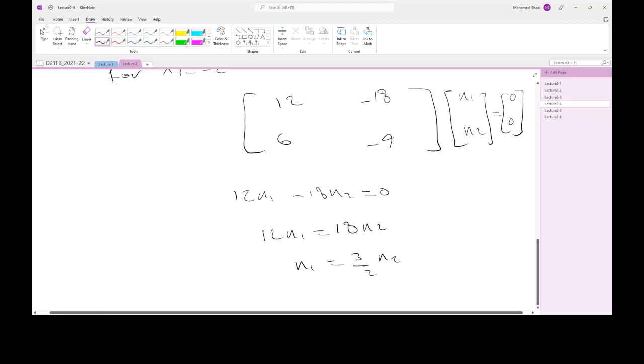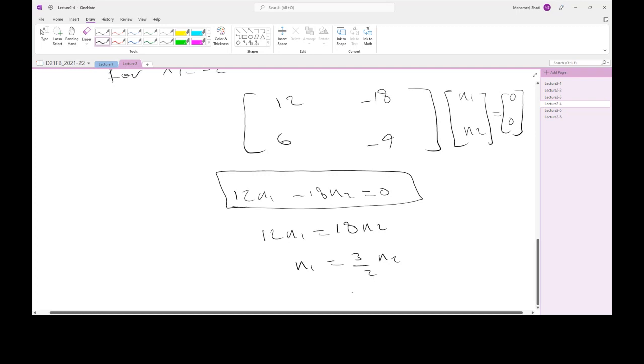I get 3 divided by 2. Now, you substitute a value for n2, you get a value for n1. Just choose any value you want for n2, you will get a corresponding value of n1. So these two numbers you get for n1 and n2 would always satisfy this equation. So this equation is correct whenever you choose n1 to be 1.5 n2. Any number is going to satisfy the equation as long as n1 is equal to 1.5 n2. So it is an infinite number of solutions.